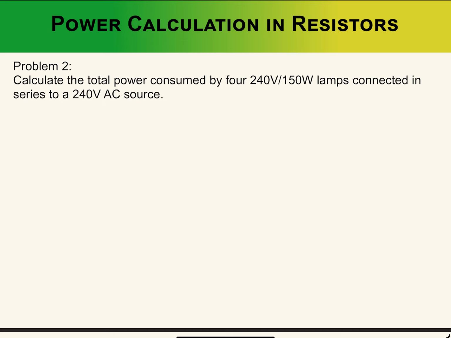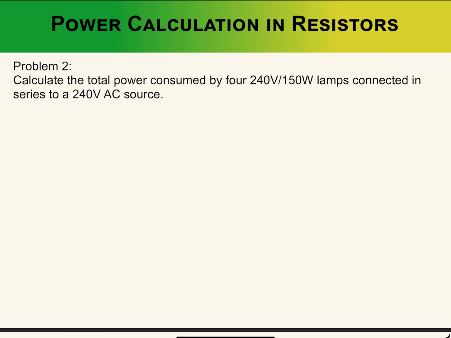So in that case, what we need to do to find the total power consumed by 4 lamps is, first, find the resistance of each lamp, because we are given the voltage and wattage of each lamp in the ideal case. These are rated values, so we can find the resistance of each lamp and then multiply that by 4 to get the total resistance of the lamps.